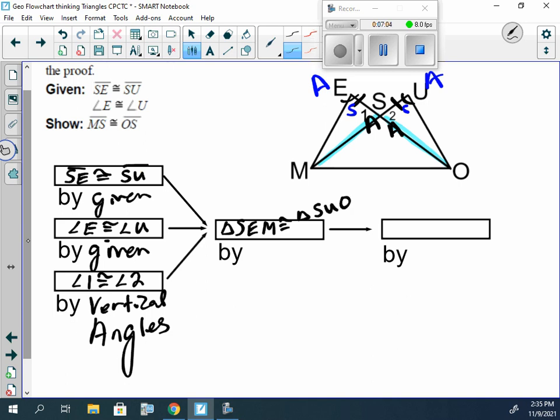SUO by? What would be our? ASA, yes. You're good. Having that point in the dead center, also labeled S, really throws us off. Yeah, because having this additional S in the mix is a little bit confusing, yes?